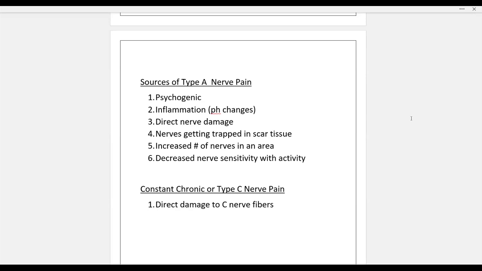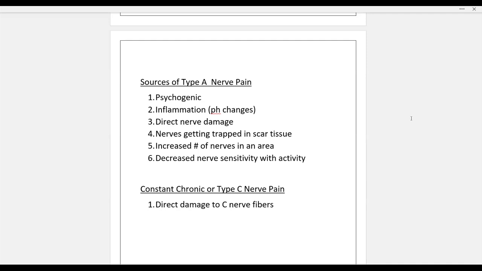Are they typically going to feel any pain when they start to move in the active range of motion? Well, how much tensile force is there in the beginning of active range of motion? Very little. So what's the likelihood of that scar tissue compressing those trapped nerves? Very little. What's the likelihood of the patient having pain?